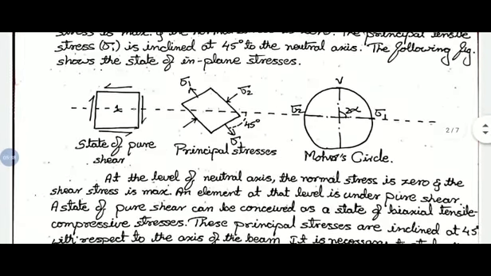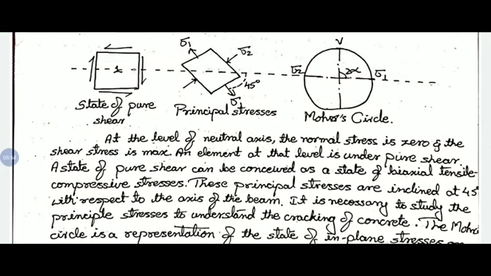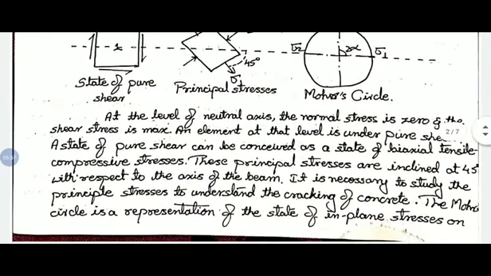In this figure you can observe the state of pure shear, and the principal stress will be inclined at 45 degrees to the neutral axis, and by using Mohr's circle we can draw the stresses. So at the level of neutral axis, the normal stress is 0 and shear stress is maximum. That's what I said earlier.